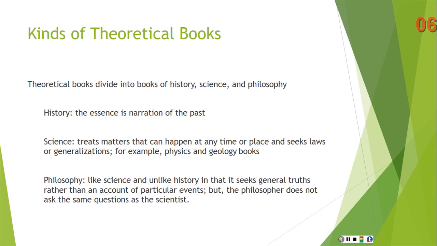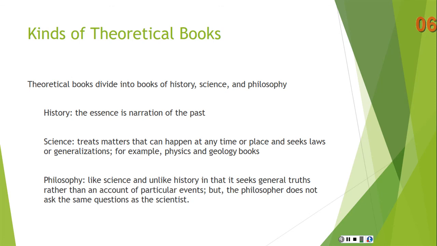Okay, but there are various kinds of theoretical books, and Adler breaks them down into three kinds: history, science, and philosophy, as broad categories. And then he's thinking, if these categories are broad enough, all theoretical books will fit into one of these categories.